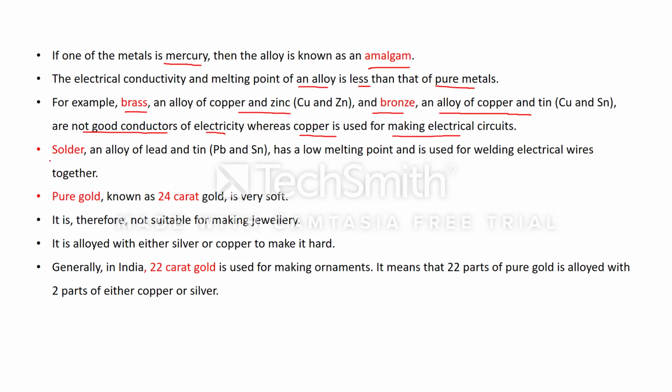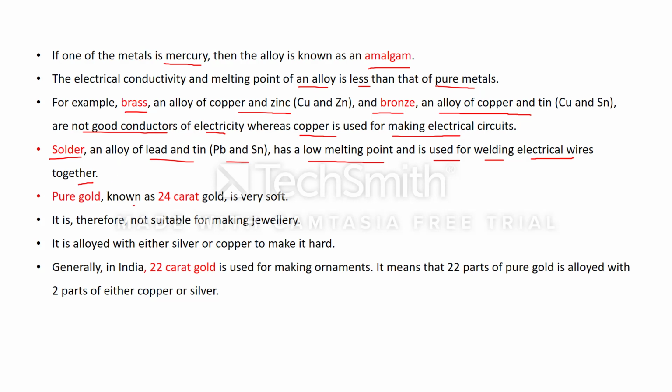In the same way, this is solder, an alloy of lead and tin, Pb and Sn, which has a low melting point and is used for welding electrical wires together. There are a number of gadgets where electrical wires have to be soldered. Soldering, I think you are familiar with this word, soldering of electrical wires.